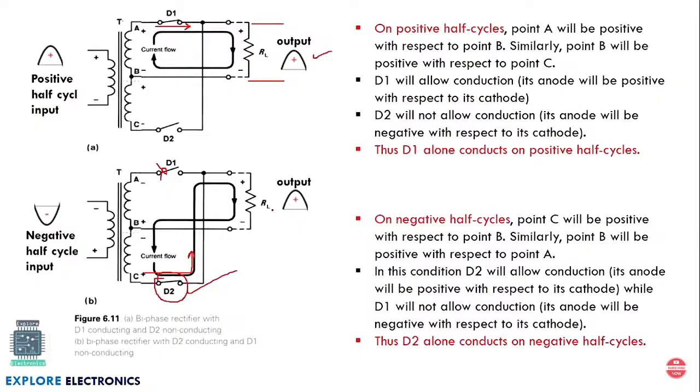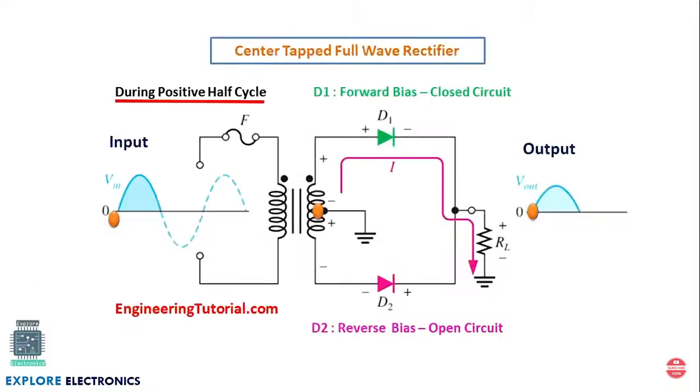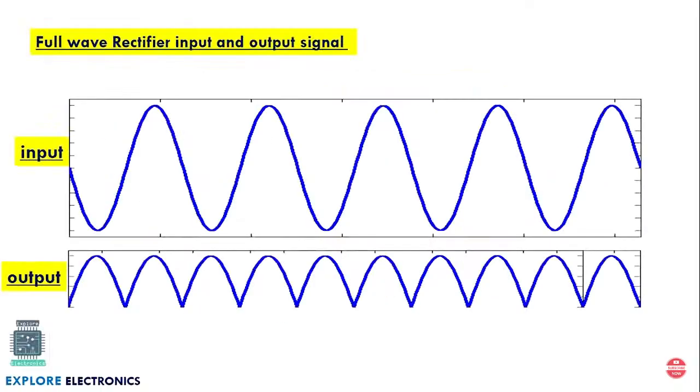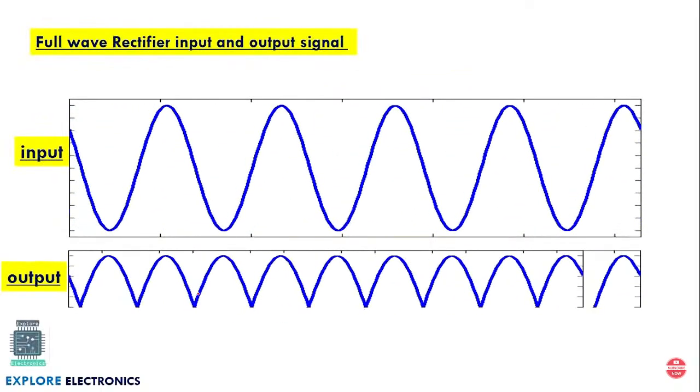So again, you can observe the current flowing through RL will be in the same direction. If you measure the voltage across these two ends, the current flow will be in this direction, and again the voltage will be in the positive half cycle. The voltage generated is the same as the negative half cycle input, but in the positive value. So the full wave rectifier is going to generate the signal as DC with this kind of output. Even in the negative half cycle we are going to get the positive output.